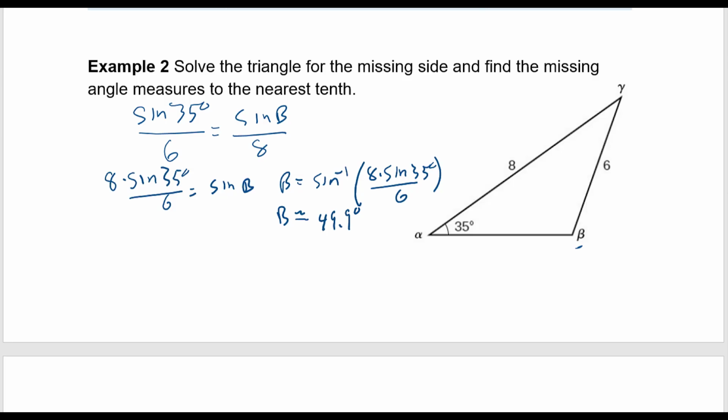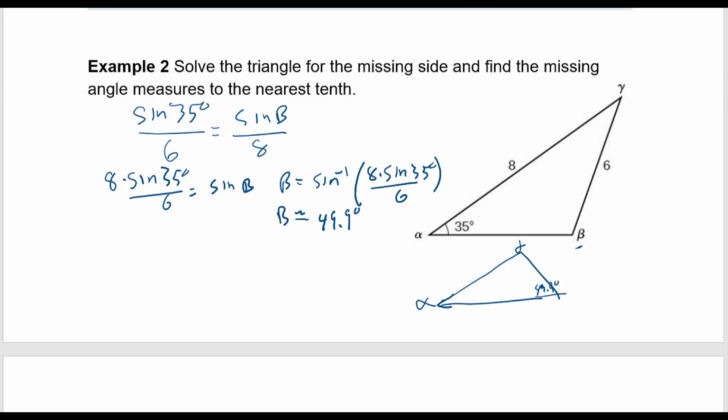Now we have to look at this in two situations. So we have this triangle as it appears, but it could also be a triangle such that it might look like this.